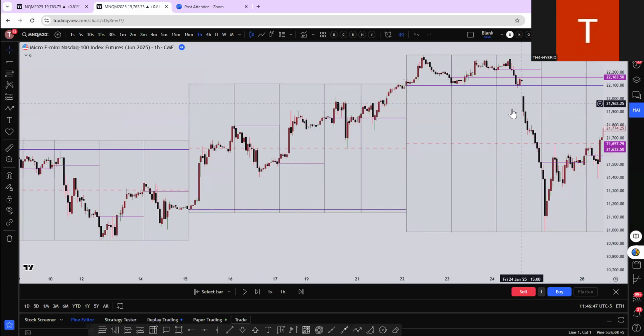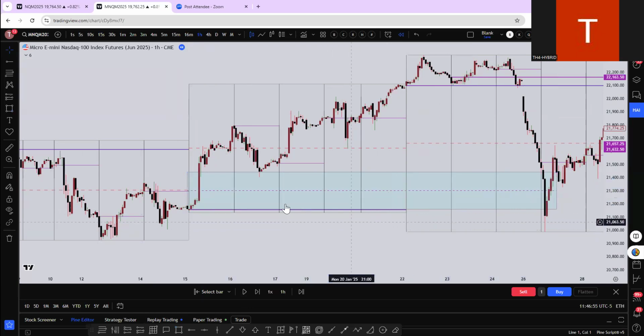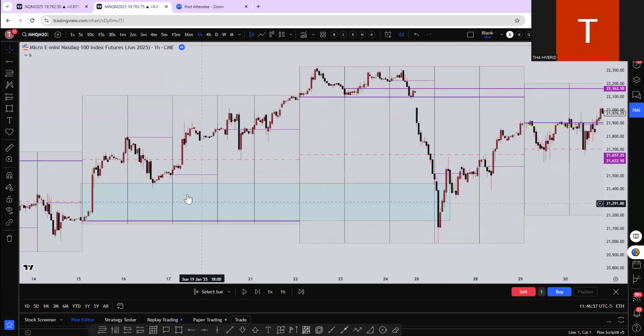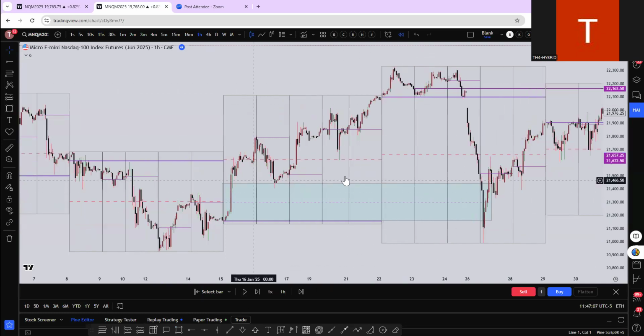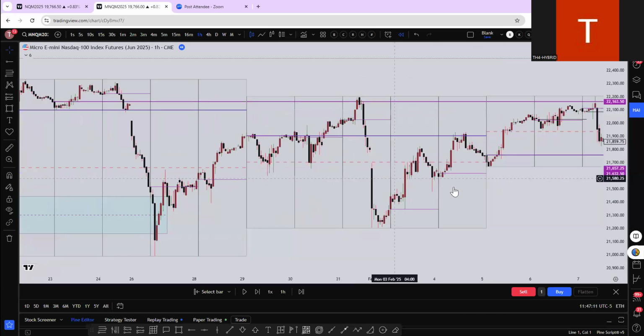But once we break down, this is an area of interest because you have a large imbalance that we could come down to close because we need a down candle's close there. Wait for signs of being bearish, and then we go. But these are areas of reference for you on the chart constantly from when you're starting your day.